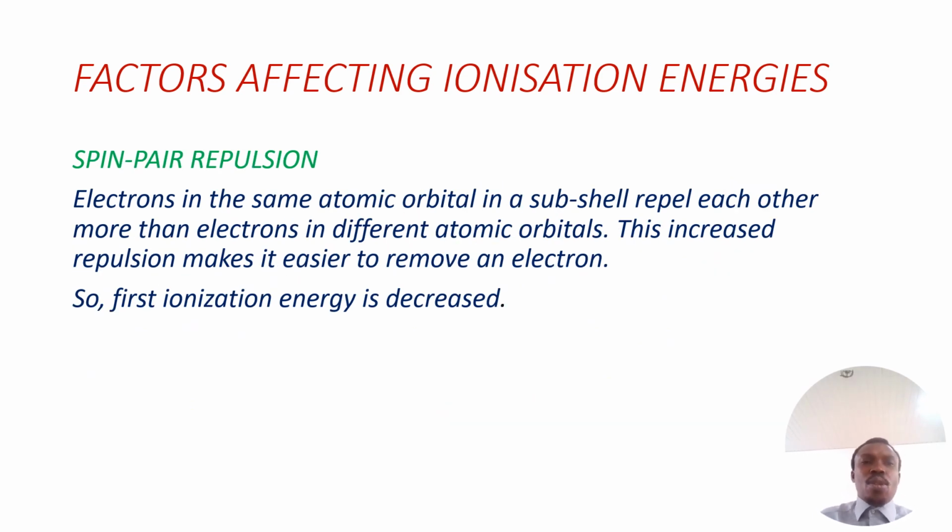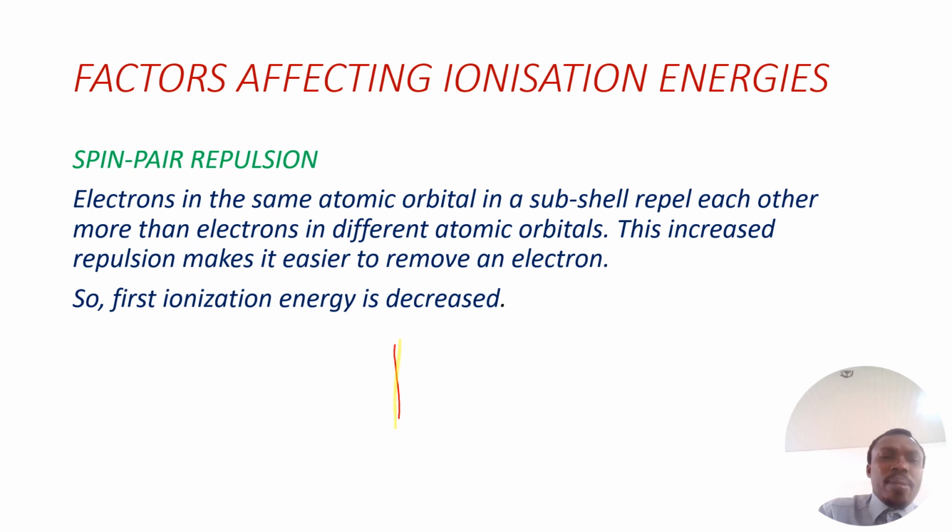The next factor is spin pair repulsion. From our previous studies, an orbital is a space or region where one is likely to find an electron, and an orbital can take a maximum of 2 electrons that spin in opposite directions based on the Pauli exclusion principle.